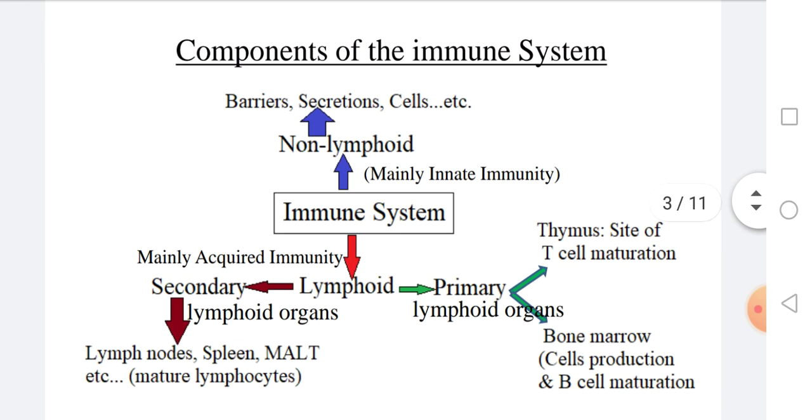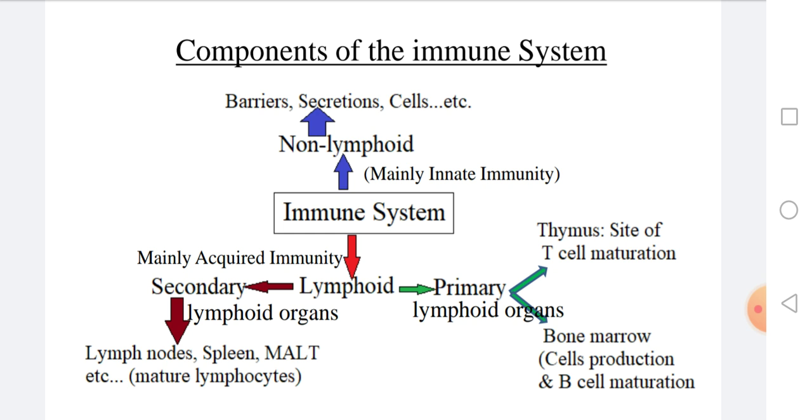The components of the immune system. The immune system is composed of one, non-lymphoid component, two, lymphoid component. We talk about the non-lymphoid, arrow to the upper part.